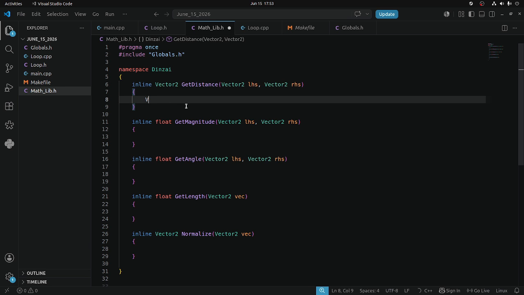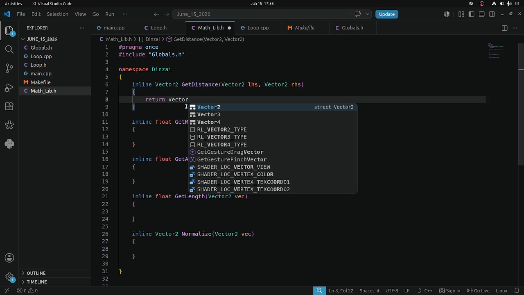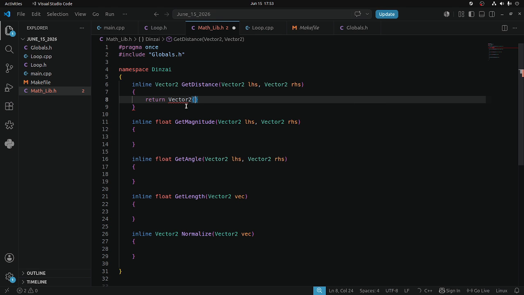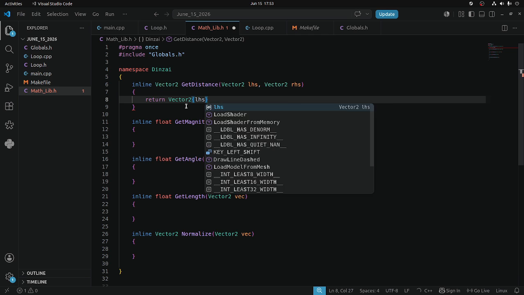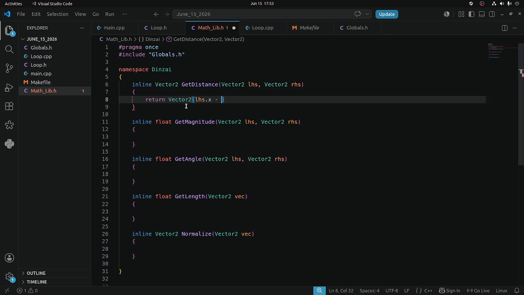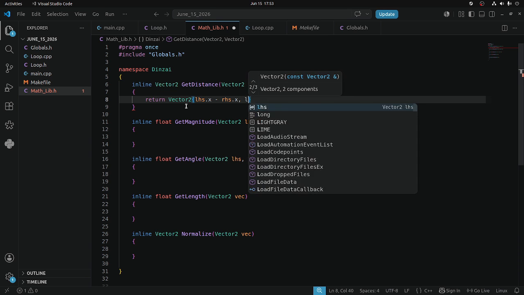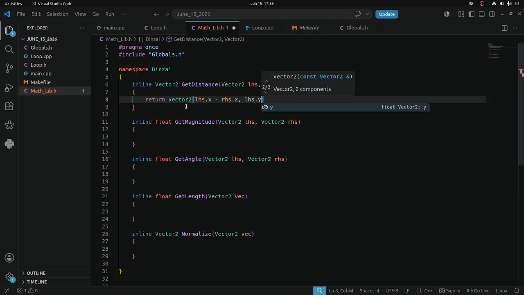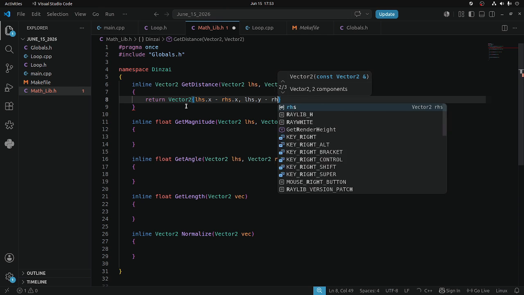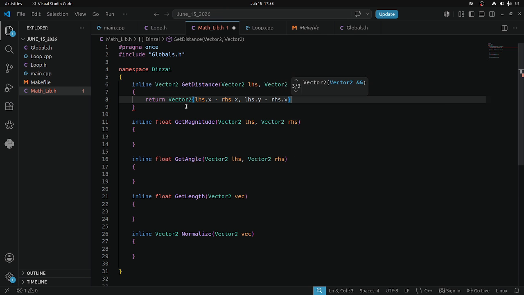This instance of get distance is more of a helper function for our magnitude. So what I mean by that is I want to return a vector 2, and inside this vector 2, we're going to say, hey, left-hand side, I want you to subtract from the right-hand side of this equation, and similarly the left-hand side of the y minus the right-hand side of the y.